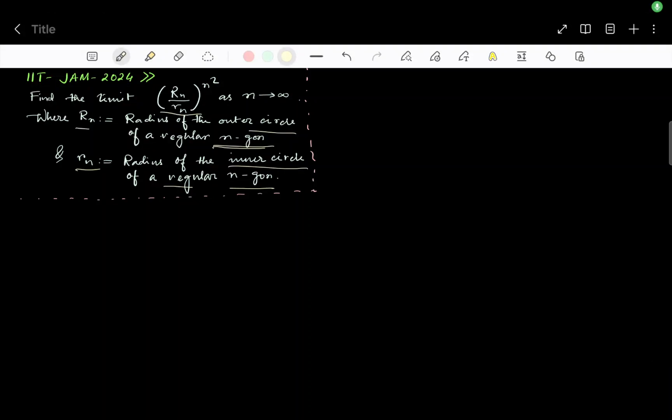The problem I'm just going to discuss right now is a nice fusion of geometry and initial calculus.